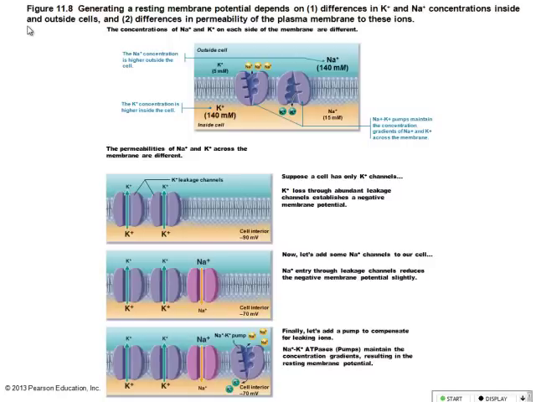Sodium is at a higher concentration on the outside of cells than on the inside. Potassium is at a higher concentration inside cells than outside. You get a little leakage of potassium through some potassium channels, but it gets sucked right back in by other channels, and it's constantly doing that.